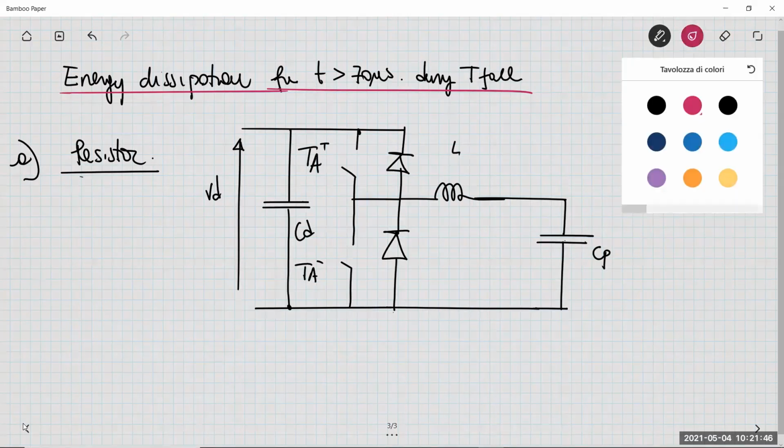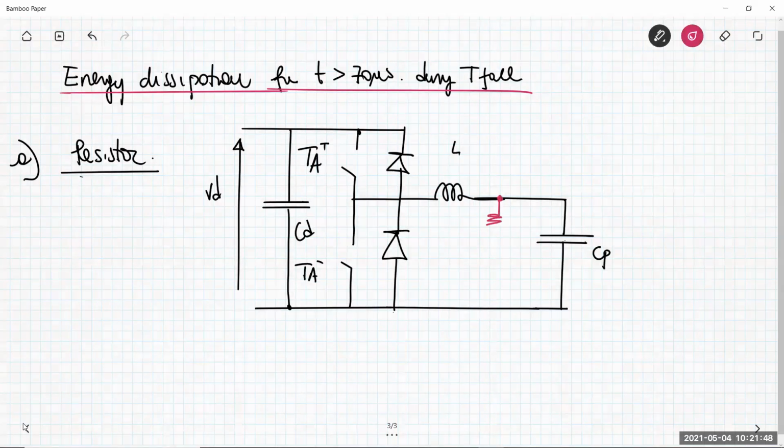Let me put here a circuit, which is this one: R, and this is a switch S, a circuit made by the series of a resistor and a power MOSFET.